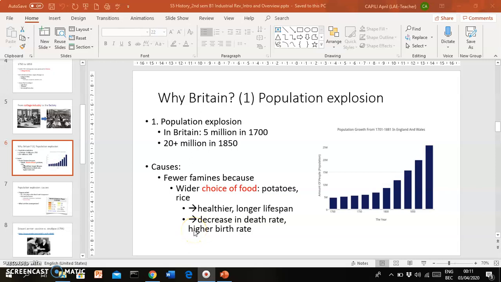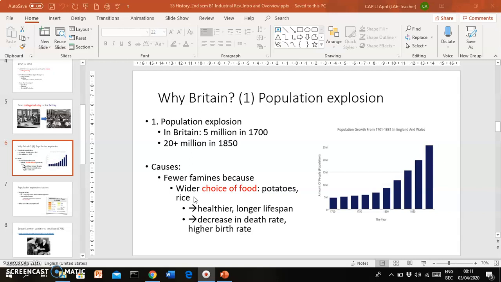All right, welcome back. In the previous recording, we asked the question: why is it that the Industrial Revolution started in Britain? And we gave one of the first reasons, which is that there was a population explosion in Britain. Why was that? Because there was a wider choice in terms of food. People became healthier and had healthier lives.